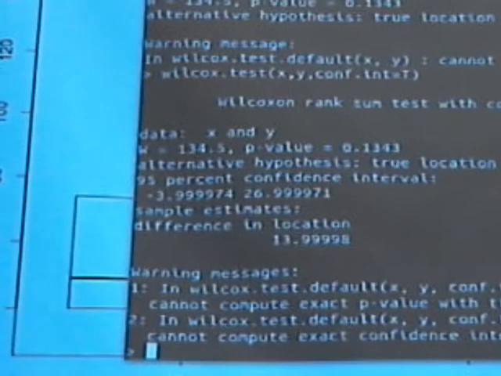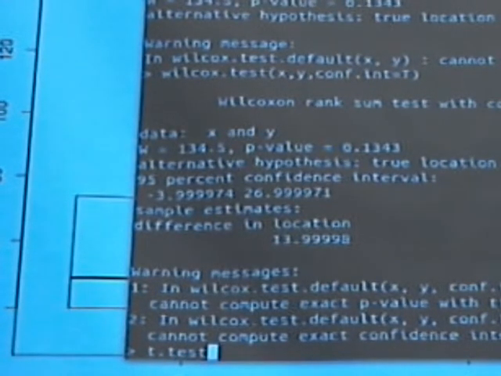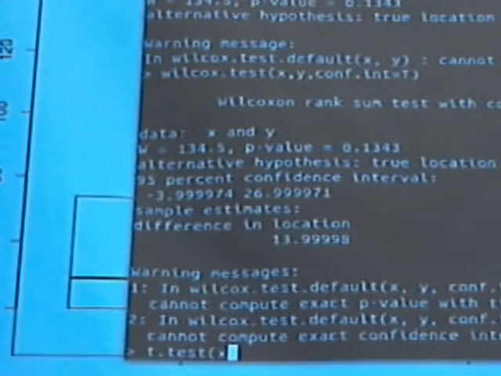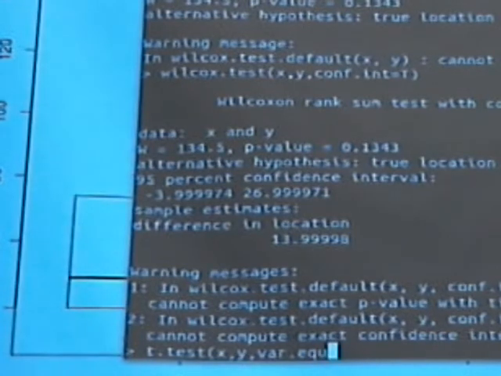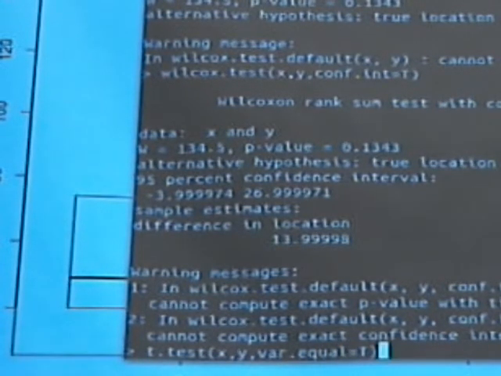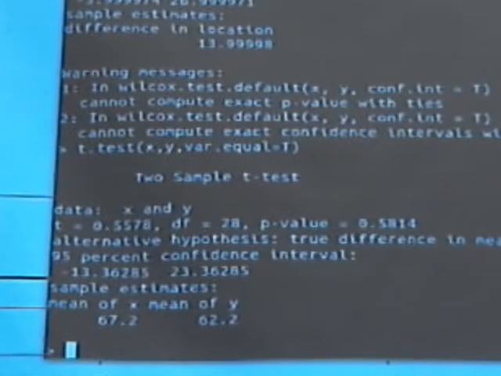The t-test is much worse. You can do a t-test on this. Now the p-value is 58%.